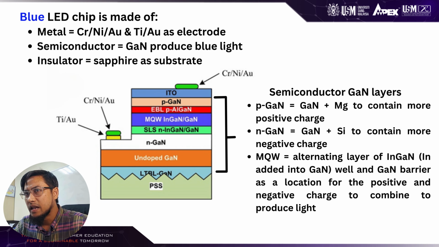Now, let's look at what this LED structure looks like and what it's made of. This particular LED design is a blue LED chip on a patterned sapphire substrate. I'm sure you have learned in school about the classification of solids based on electrical conductivity, which is metal, semiconductor, and insulator.